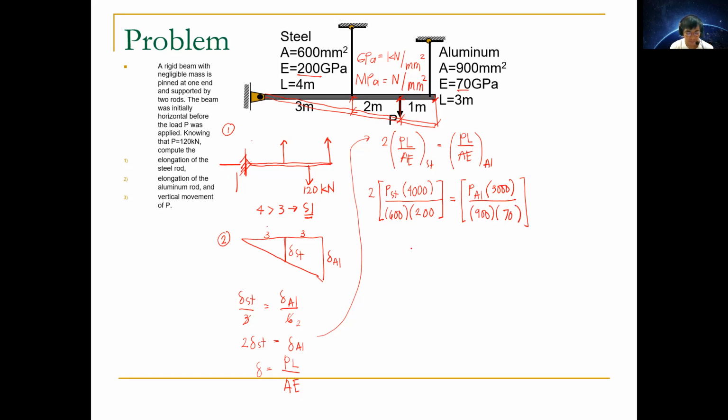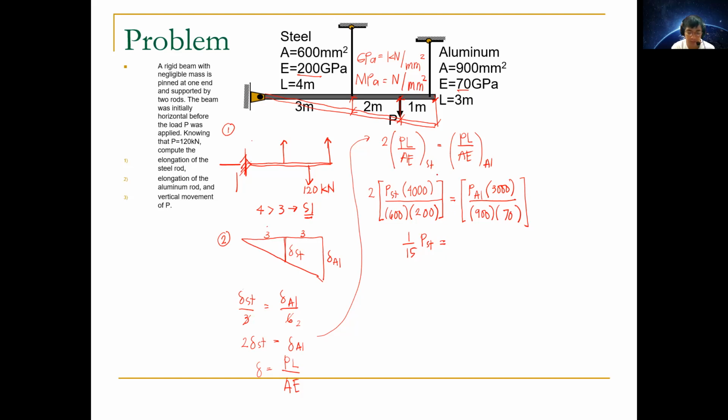Okay, so this will give us 1 over 15 PST. Then the other one is 2 over 15. Sakto na siya, 1 over 15.